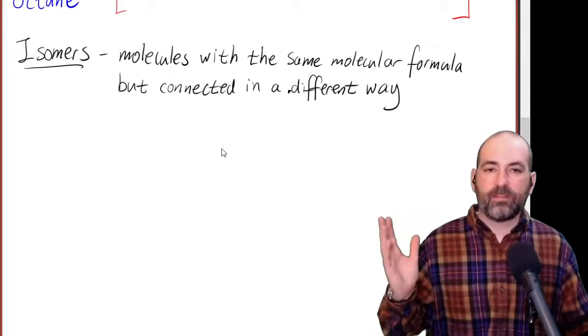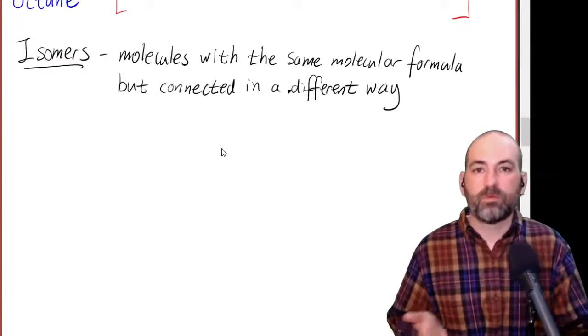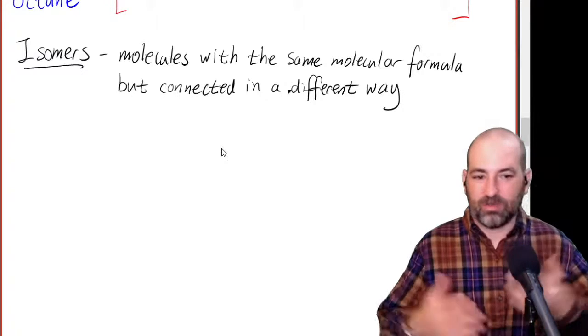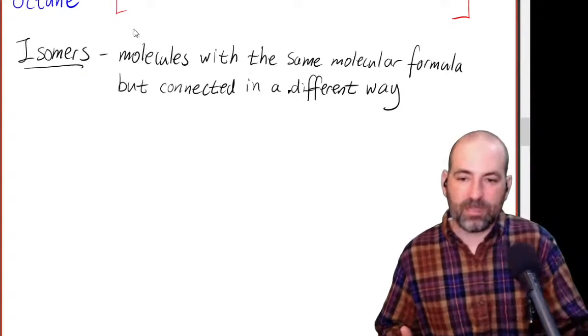We didn't have anything like this when we talked about our Lewis structures for inorganic molecules before, because there weren't really other ways to connect things. There was just the Lewis structure. But now, with more atoms, there are different ways of connecting things.